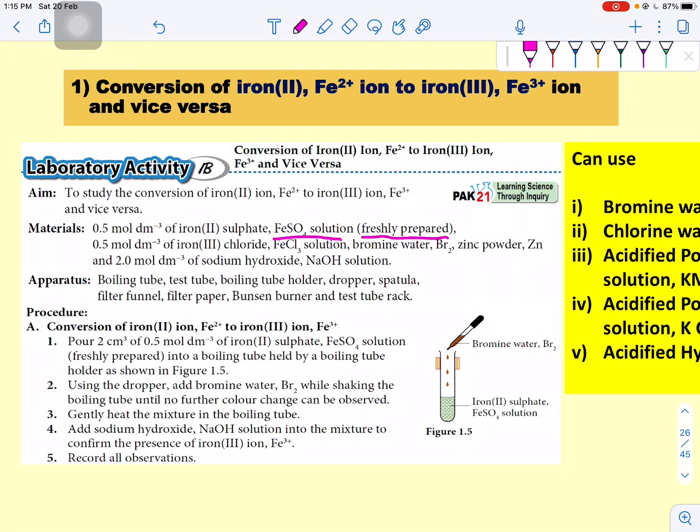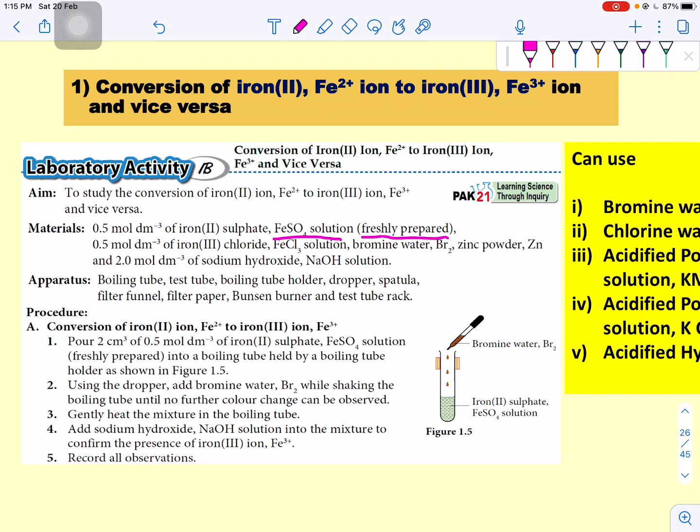Maksudnya baru just prepare kita kena guna. Tak boleh guna yang dah prepare seminggu ataupun sebulan, 2-3 hari. So we must use the freshly prepared. Why? Soon kita akan dapat jawapan dia. And then we just need a test tube and then we need the agent. Okay, so now we're going to focus on the first one.